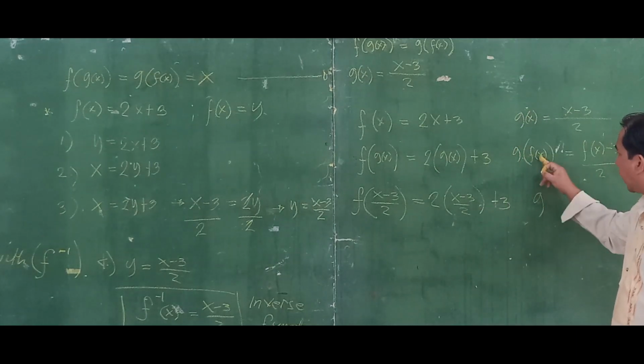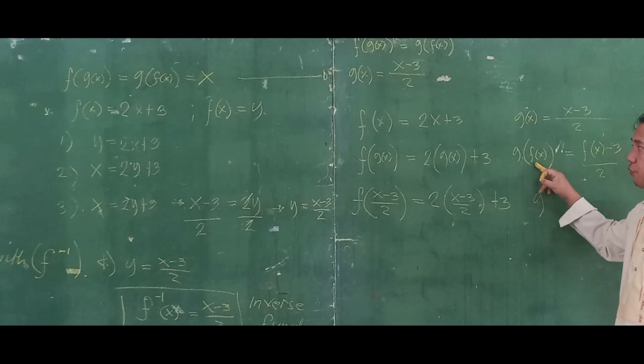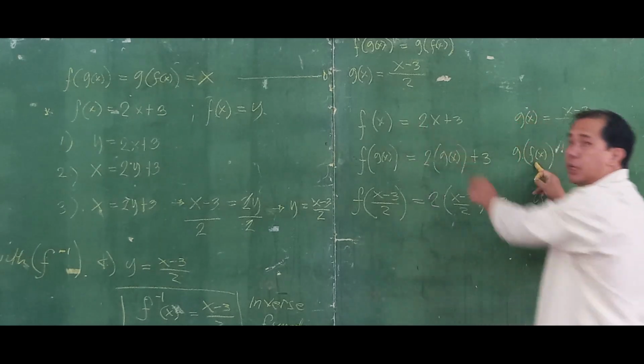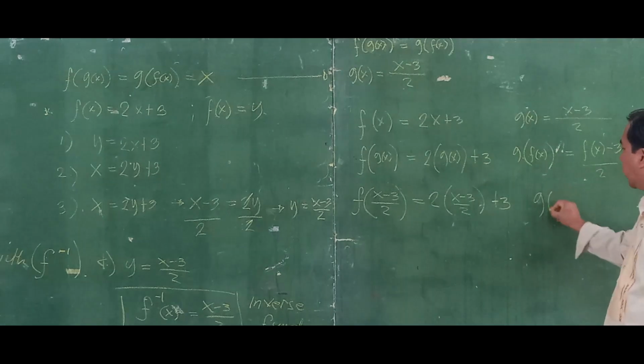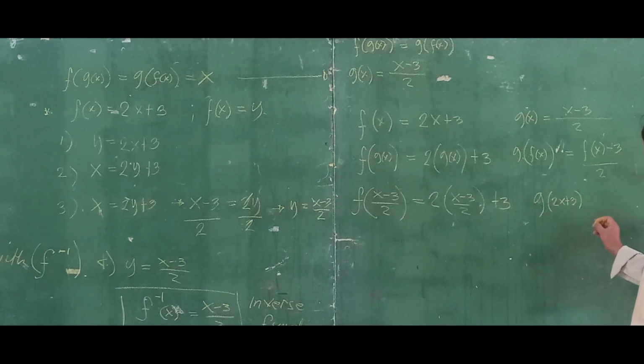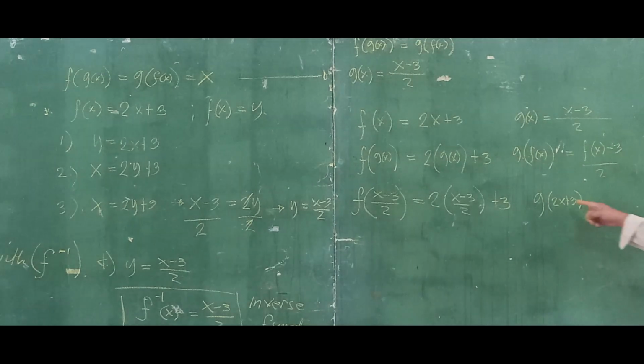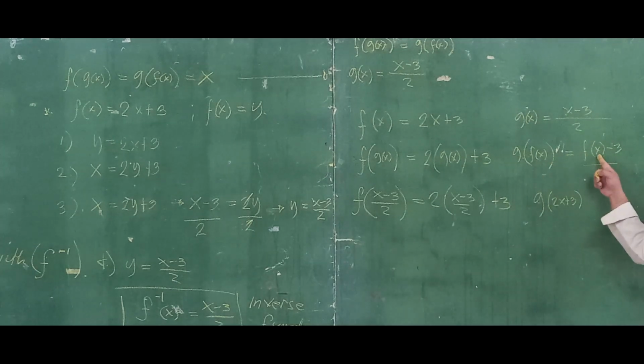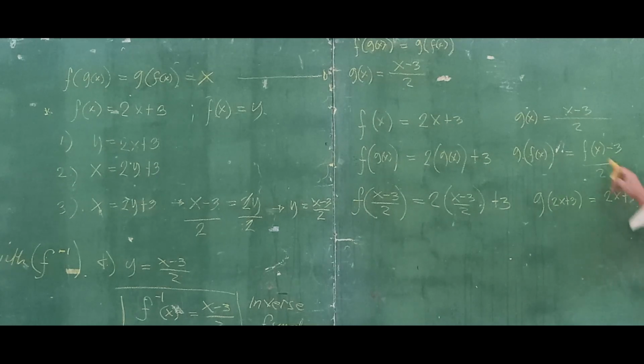G of x or f of x, what is our f of x? 2x plus 3. So we have 2x plus 3. When we change this one, we have to change also this one. That is the same as saying now 2x plus 3, but we have the original minus 3 in the equation, minus 3 over 2.